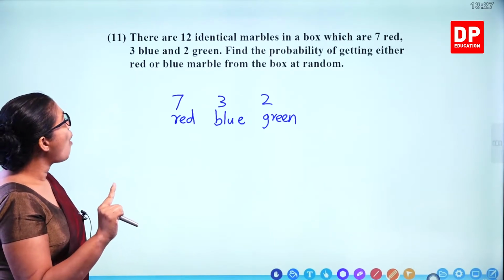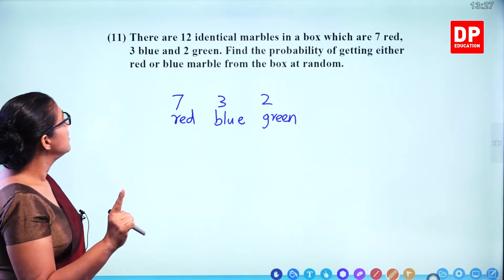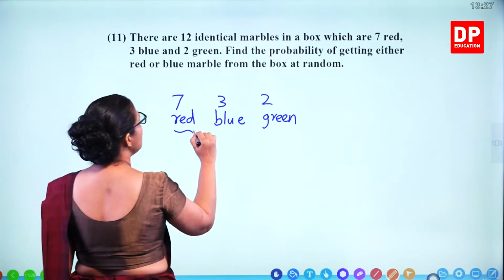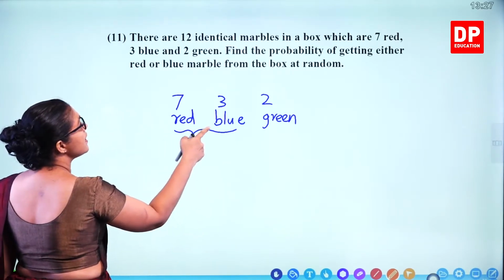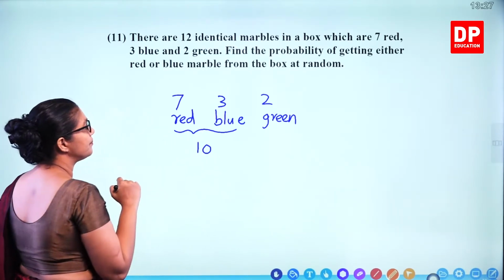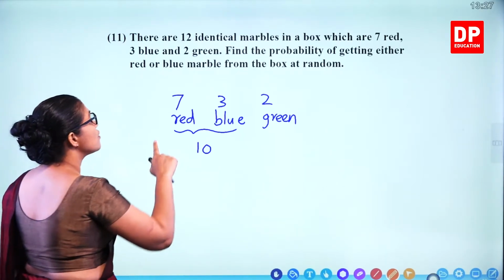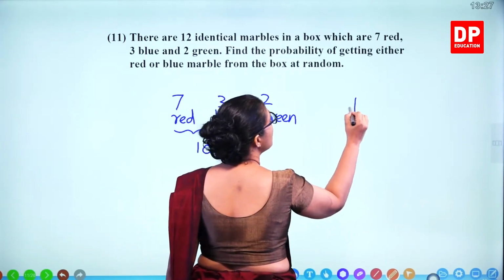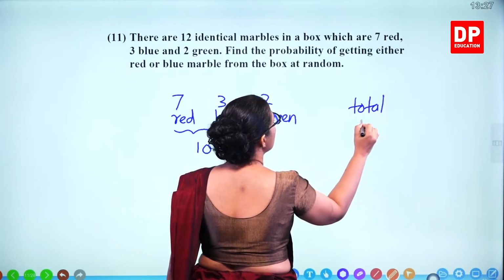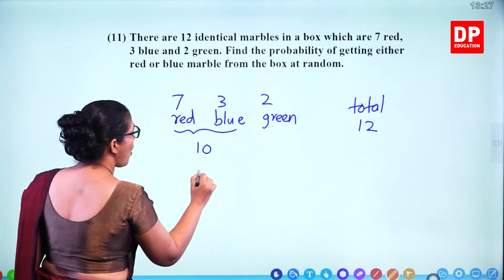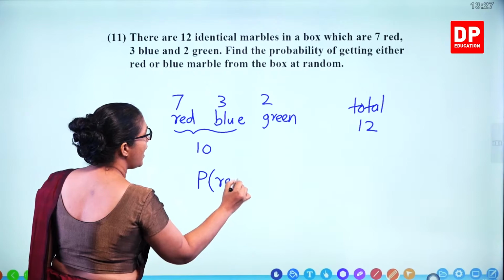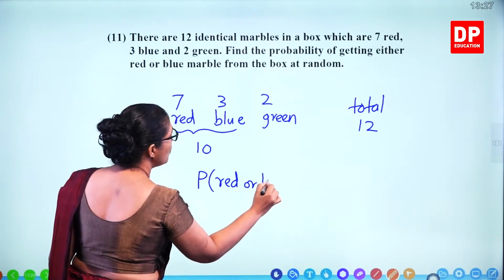Either blue or red. So altogether, how many blues and reds? 10. So what's the total? Total is 12. So what's the probability of getting red or blue?